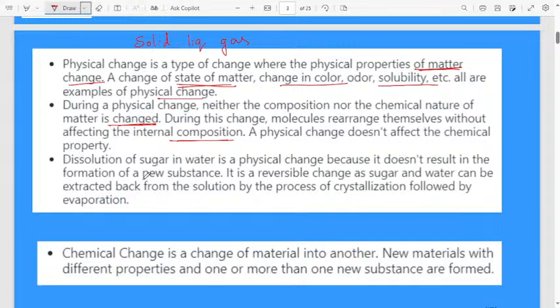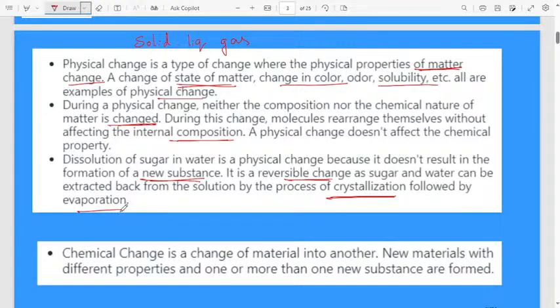Here a new substance does not form, only the sugar gets dissolved in the water. This process is reversible, as sugar and water can be extracted back from the solution by the process of crystallization, followed by evaporation.